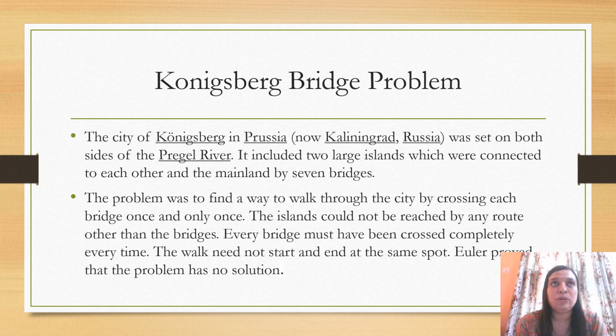You can start from any landmass, take one bridge at a time, and end up on some other landmass after crossing all the bridges. Euler stated that this problem has no solution, and the way he presented the solution was very exciting, and that's how graphs came into existence.